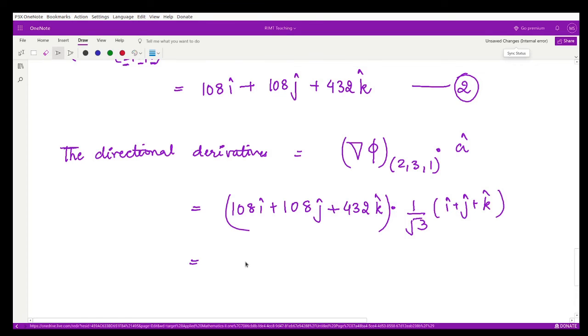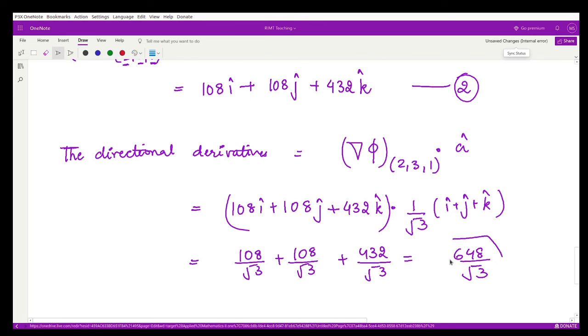So when you take this dot product, it becomes 108 by square root 3 plus 108 by square root 3 plus 432 by square root 3. So this becomes equal to 648 by square root 3. So this is your final answer. I hope this question is also clear to you.